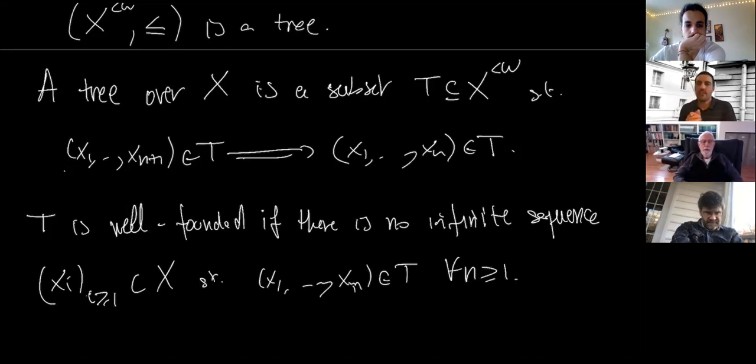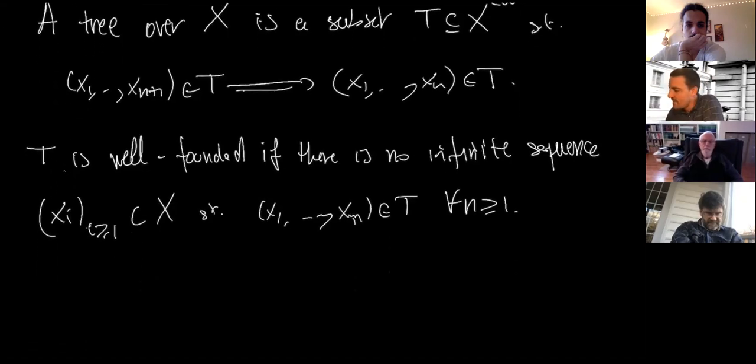So for an abstract tree, the tree is well-founded if there is no infinite increasing sequence. When you look at the tree over X, the tree is well-founded if there is no infinite branch.